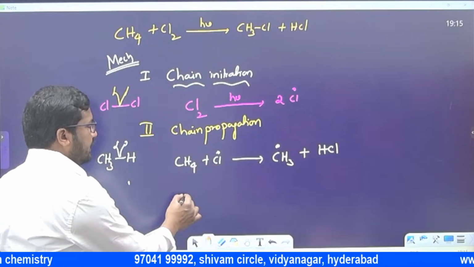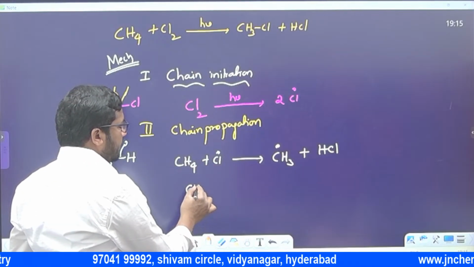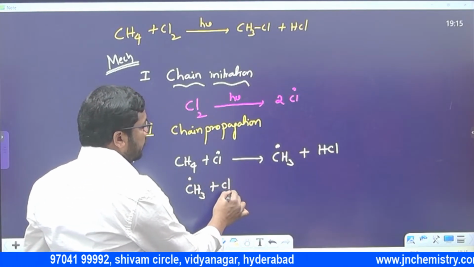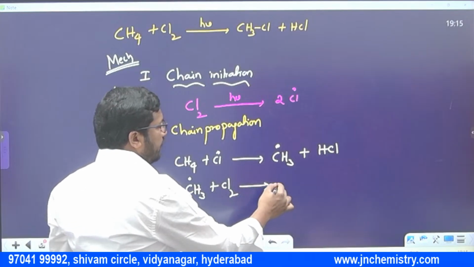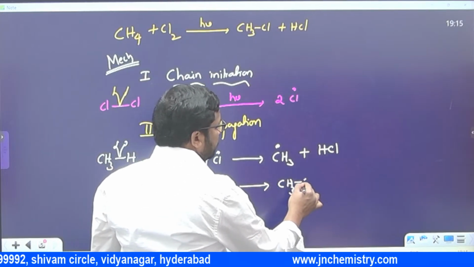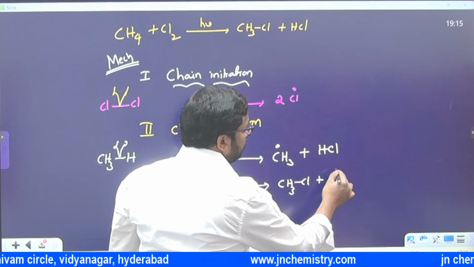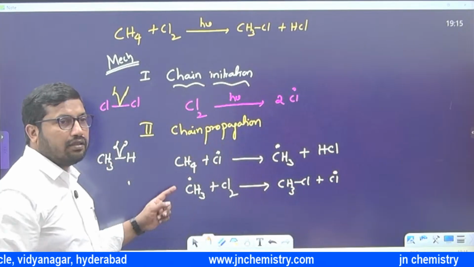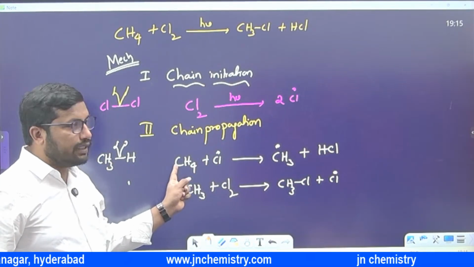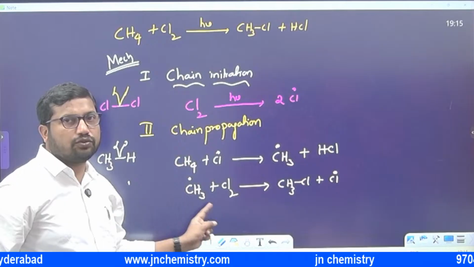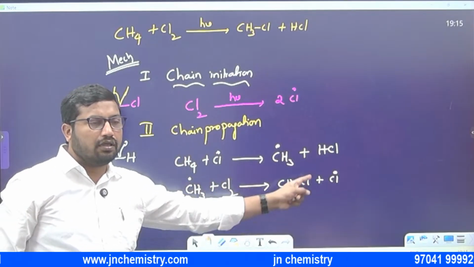Now once again this CH3 radical takes one more Cl2, so we will get CH3Cl plus Cl radical. The Cl radical once again goes back to methane. These 2 steps keep on propagating.